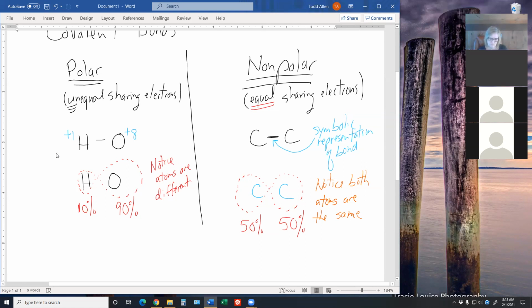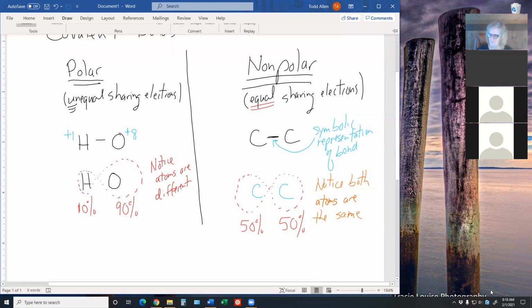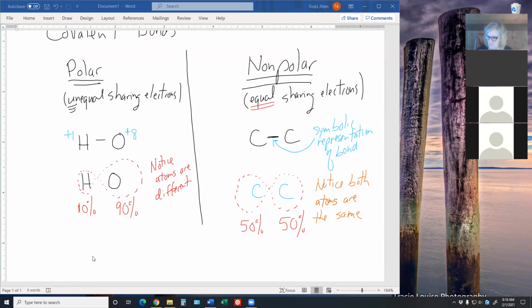Okay, so there's something that's going to come up in your study time that I want you to pay attention to because I might ask it on a future exam. I want you to pay attention to a concept called electronegativity, and I'm going to just highlight it here at the bottom. Be sure you study electronegativity.